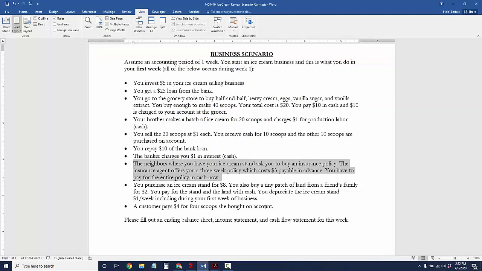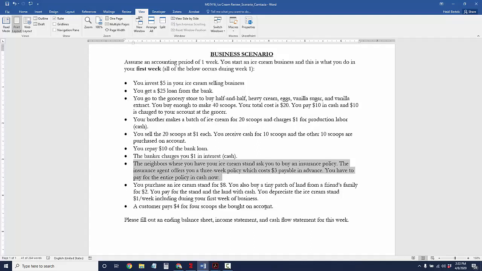The next line in our business scenario demonstrates that we're a little bit the victim of our own success. Our neighbors, where we have our ice cream stand, ask us to buy an insurance policy because your business has been kind of busy and they're worried about it. The insurance agent offers you a 3-week policy, which costs $3 payable in advance.